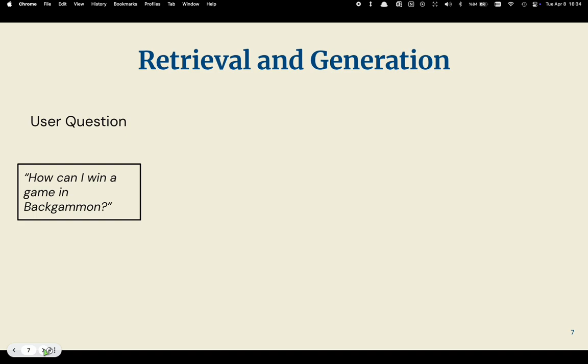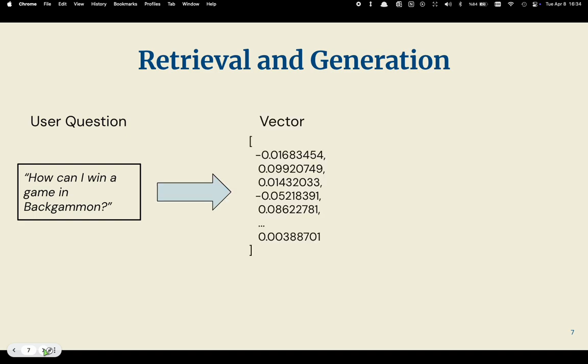So now that I had the vectors in a vector collection, the thing that was left to do is to get a question from the user and have it answered. At this step, we get a question from the user. For example, this can be something like, how can I win a game in backgammon? By a similar method, we transform this question into a vector.